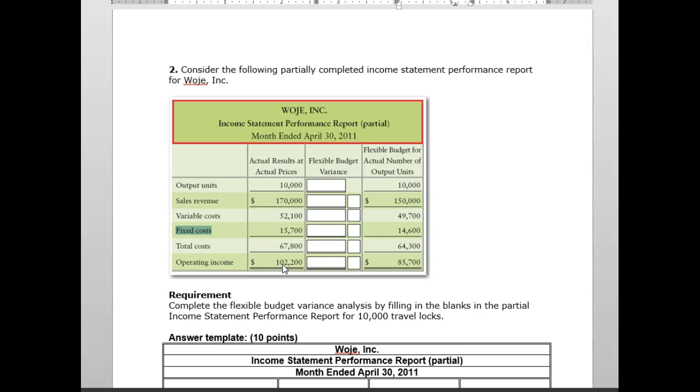So we're going to look at finding the differences and whether it's favorable or unfavorable. If we budgeted 10,000 units and our units are the same, any variances here are going to be very obvious. You only have one type of variance, so to speak. You don't have this quantity variance.